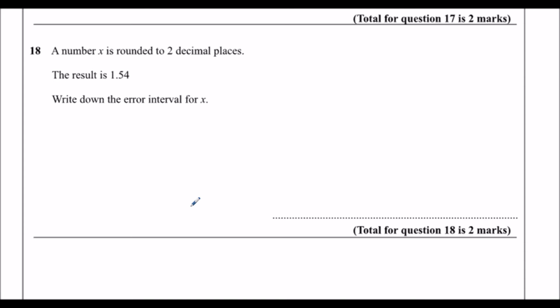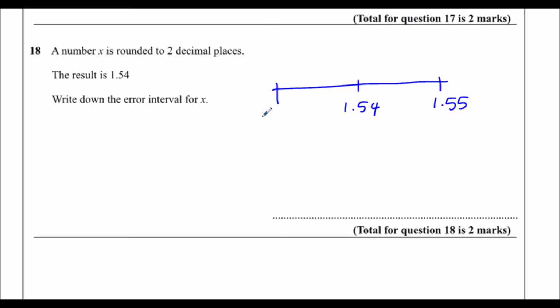Question 18. A number x is rounded to 2 decimal places. The result is 1.54. Write down the error interval for x. So we've got 1.54 to 2 decimal places. So the one above would be 1.55.